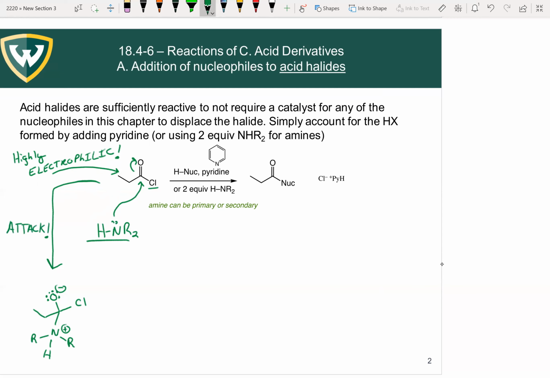And in the next step of the reaction, we have our mild base come along and deprotonate the amine. Now in this case, that mild base is pyridine. The conjugate acid of pyridine has a pKa of about 5.